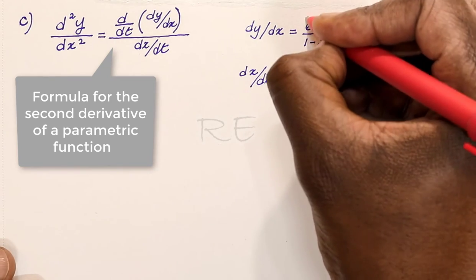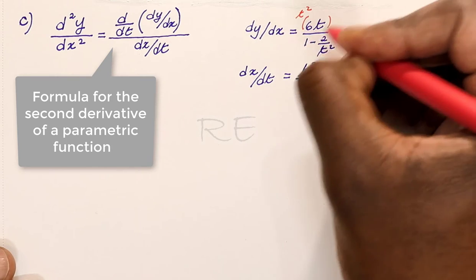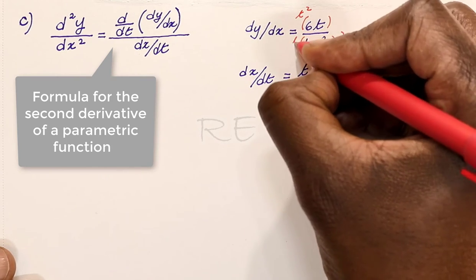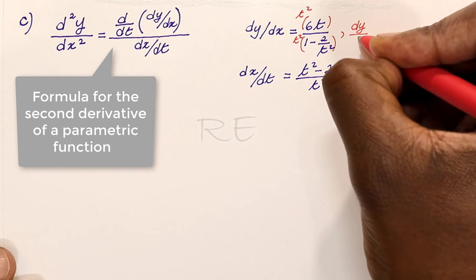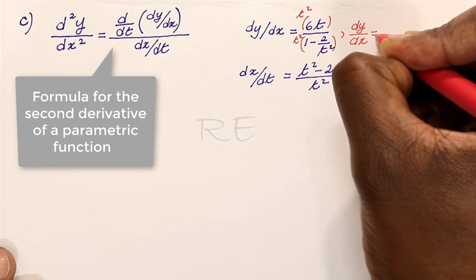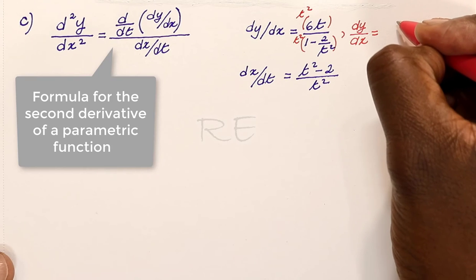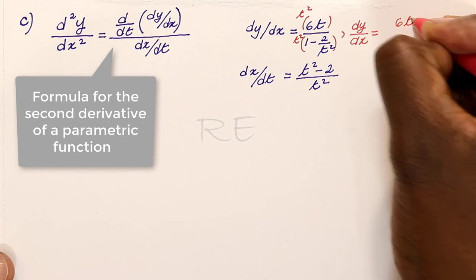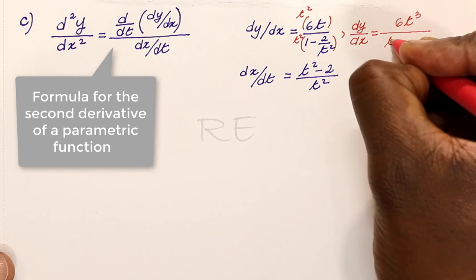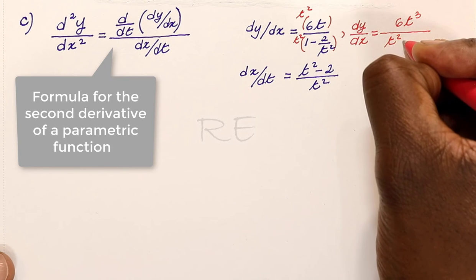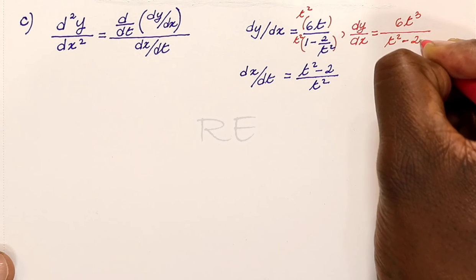Now the inner function dy/dx was already found. We need to just manipulate it a little bit to make it easier to derive. So it's going to be 6t cubed divided by t squared minus 2, as previously found.